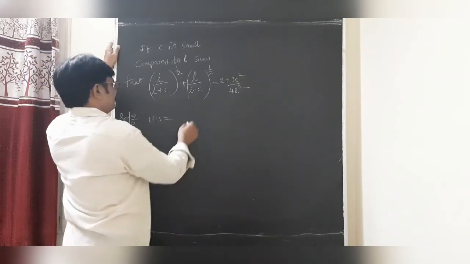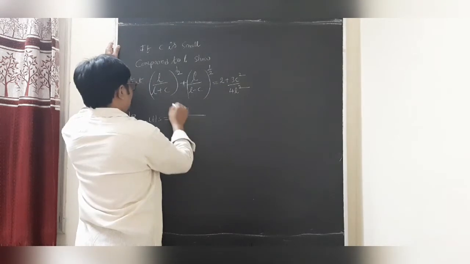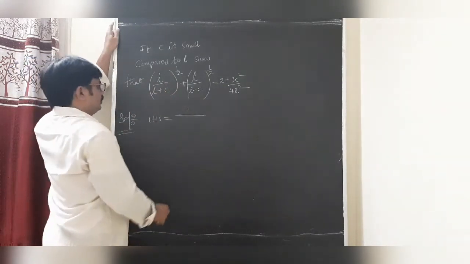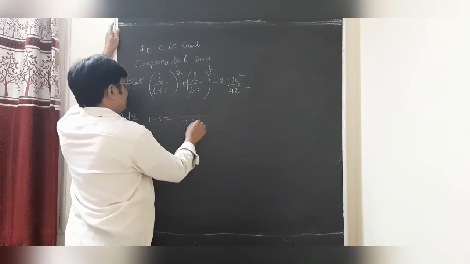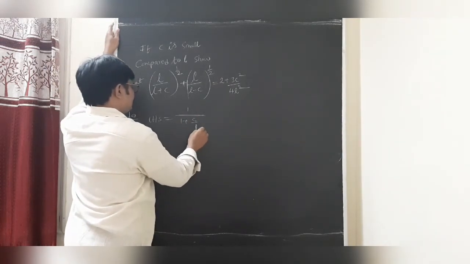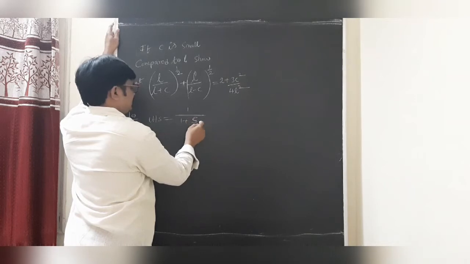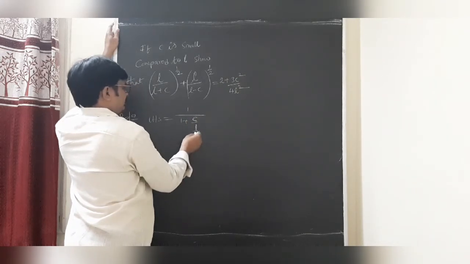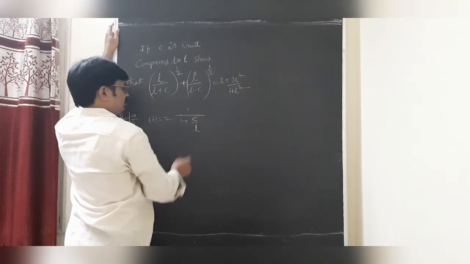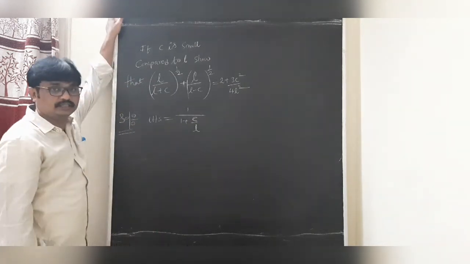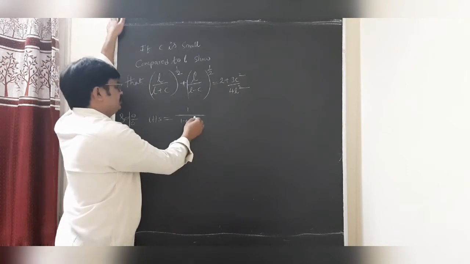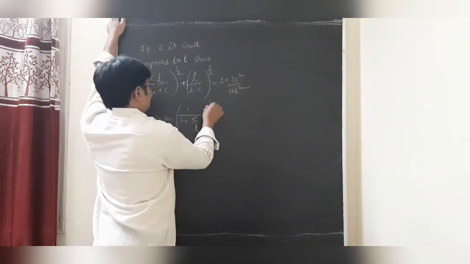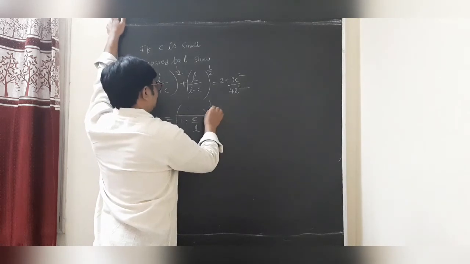Therefore this can be written as 1 upon, numerator and denominator are divided by L. So L by L is 1, C by L. Since it is given that C is small when compared to L, that means C by L, mod x is always less than 1. So students, C by L is less than 1, whole power 1 by 2.